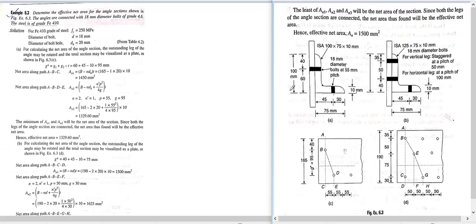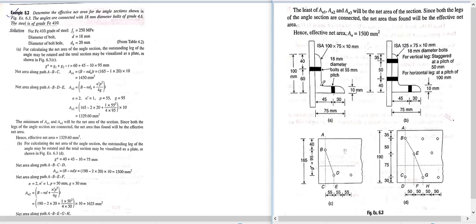Now in this type of case I have told you earlier that if the angle section is connected on both the legs, and if you want to rotate, then you should find the gauge distance or modified gauge distance, because when you are rotating this leg, there will be some overlapping portion here.